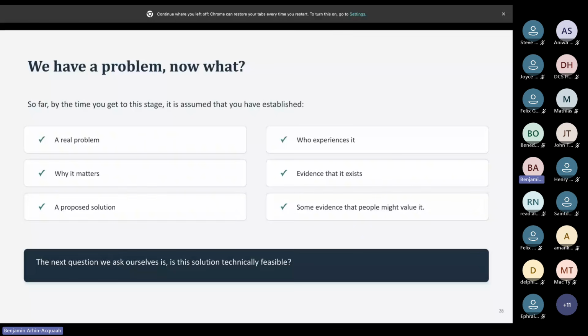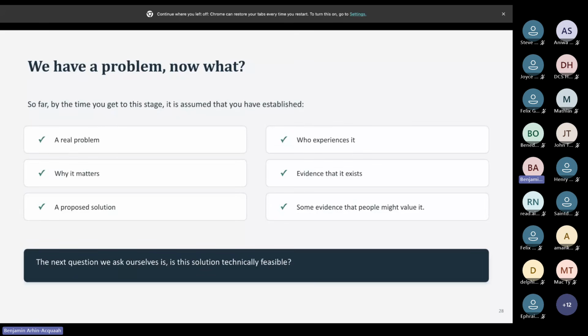So now the next question is whether the solution you have is technically feasible, and feasibility can mean many things. You can't possibly solve everything with technology, even though you can do a lot.